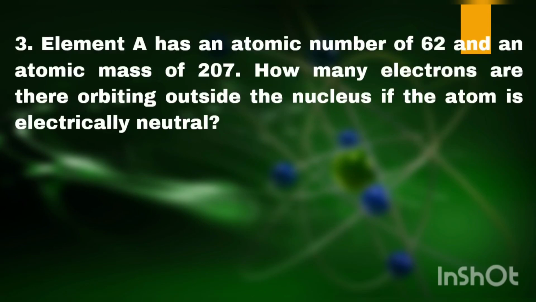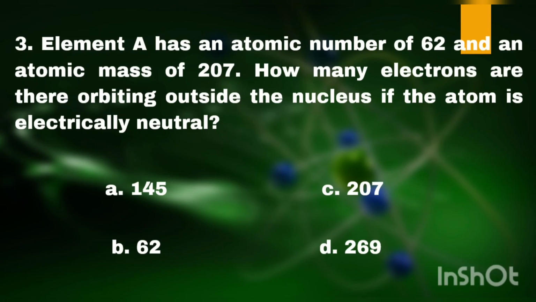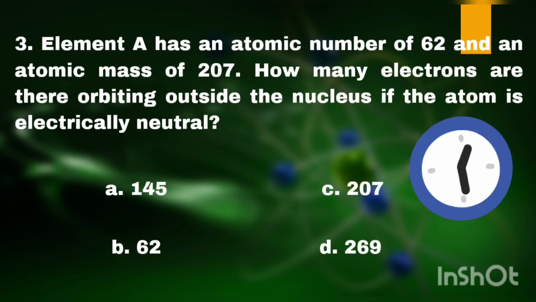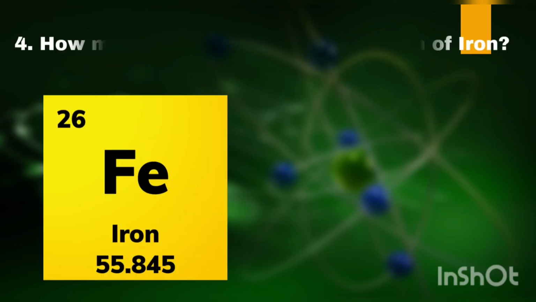Number 3. Element A has an atomic number of 62 and an atomic mass of 207. How many electrons are there orbiting outside the nucleus if the atom is electrically neutral? A. 145, B. 62, C. 207, D. 269. Number 4.